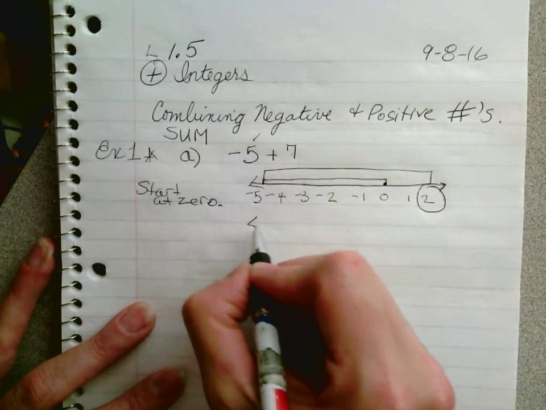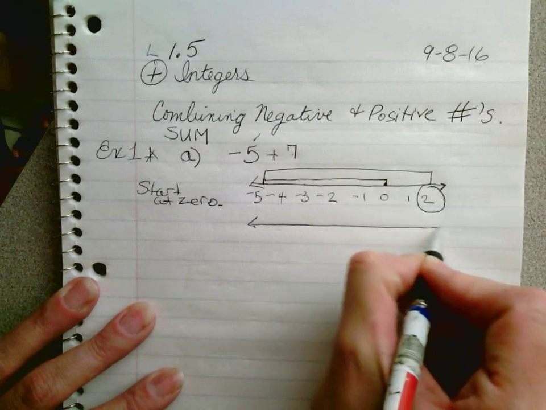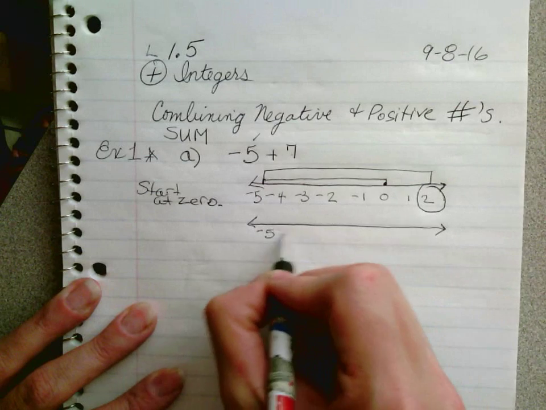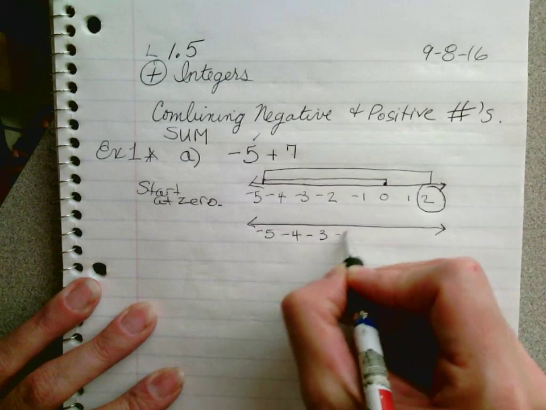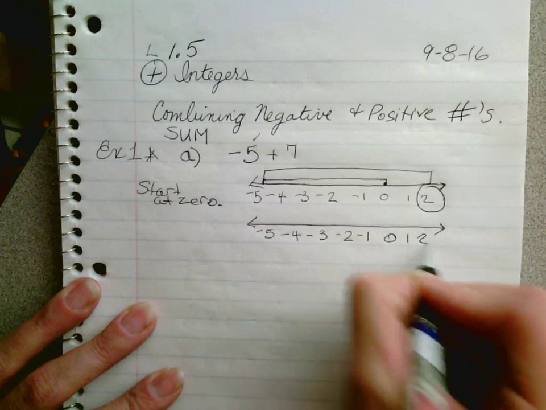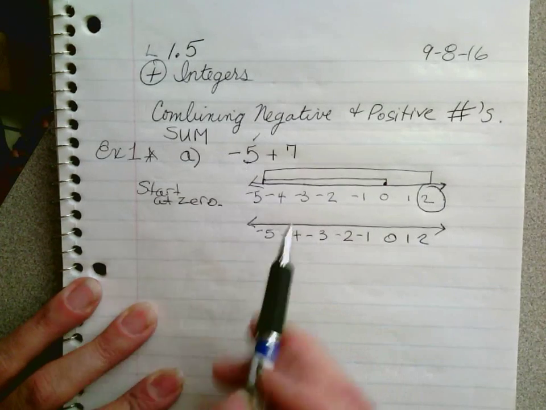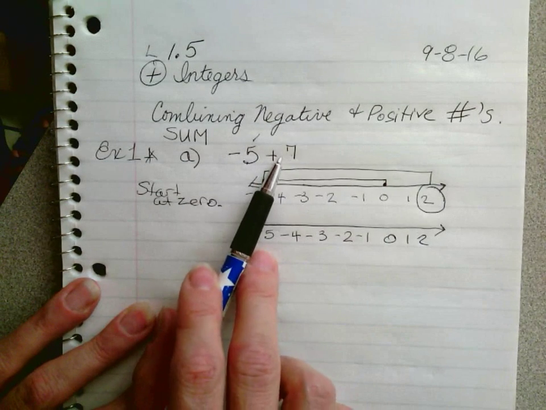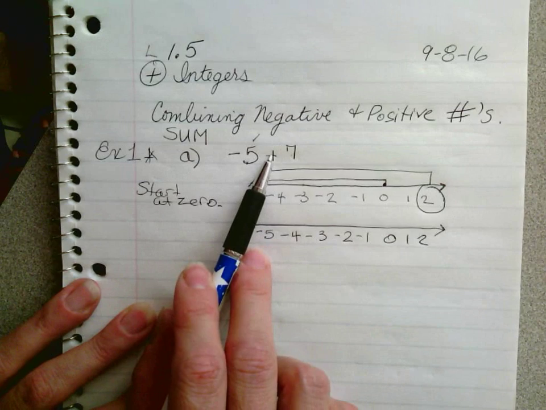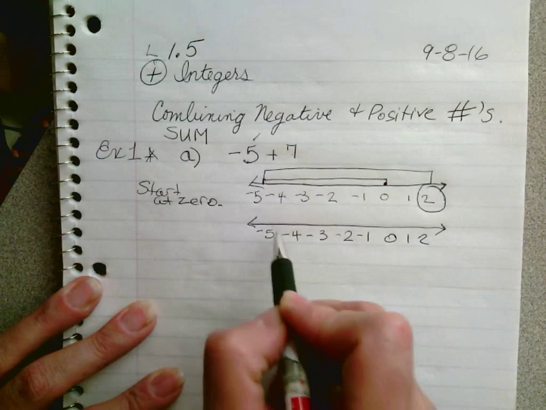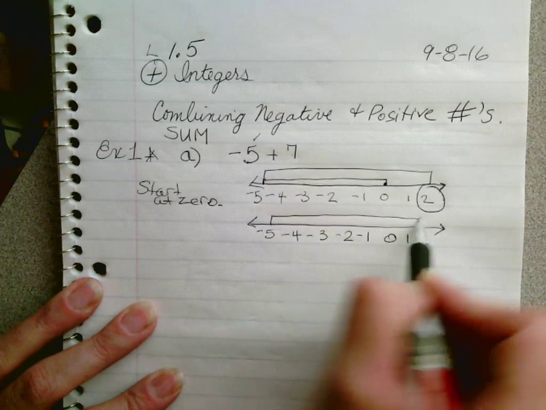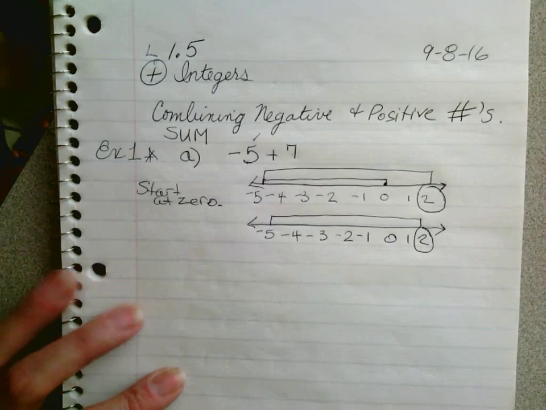The other method is to start where the original number is, and then move based on the second number. So since it's a +7, we're going to go positive to the right, starting here and going here, resulting in your answer.